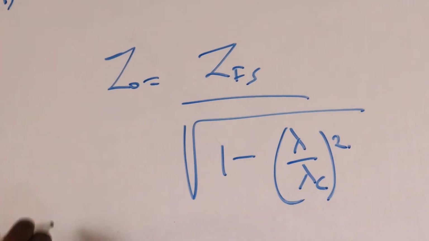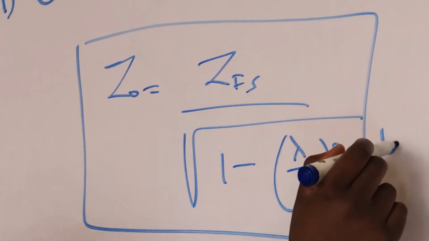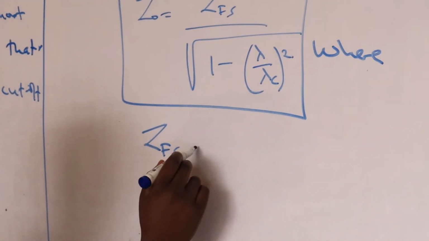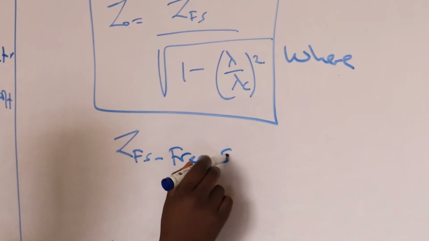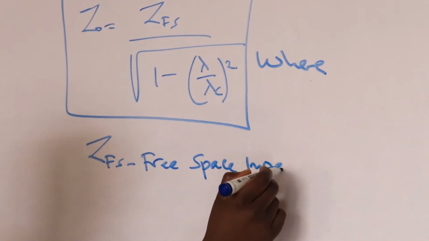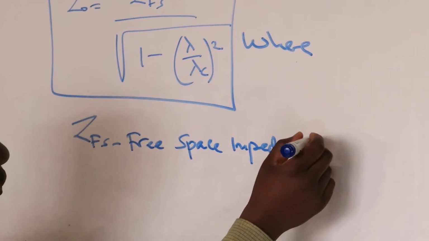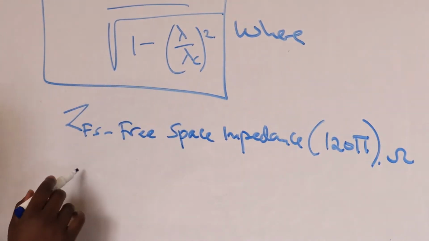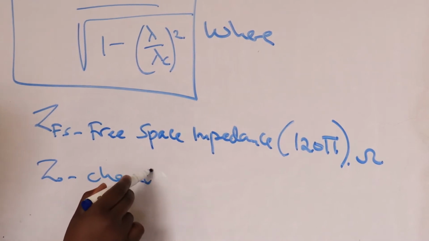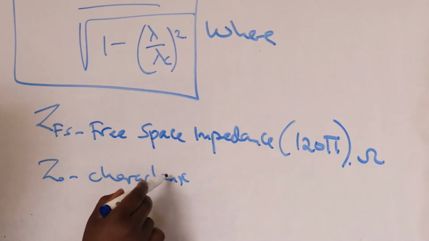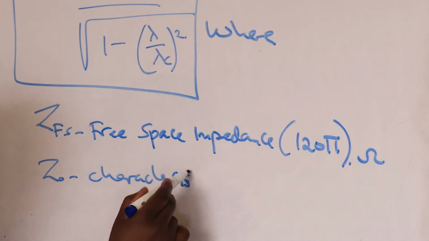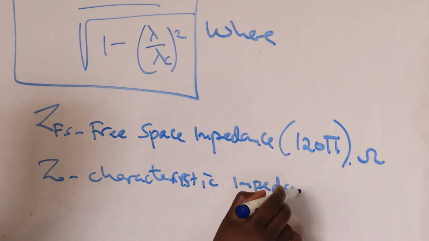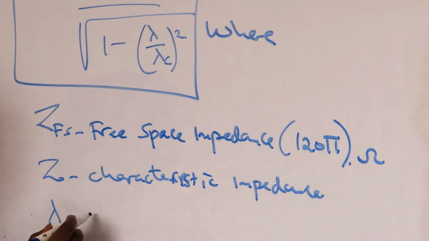When you look at that, ZFS is the free space impedance, which is normally 120 pi ohms, and Z0 is the characteristic impedance.